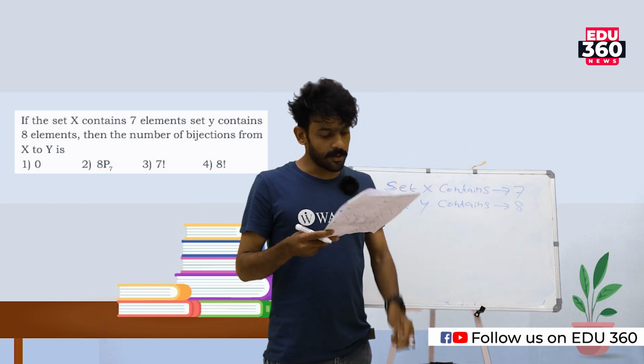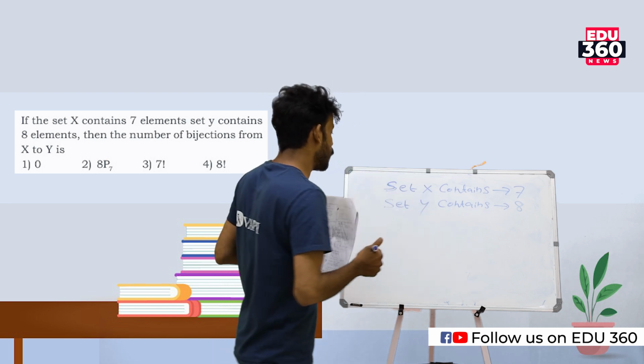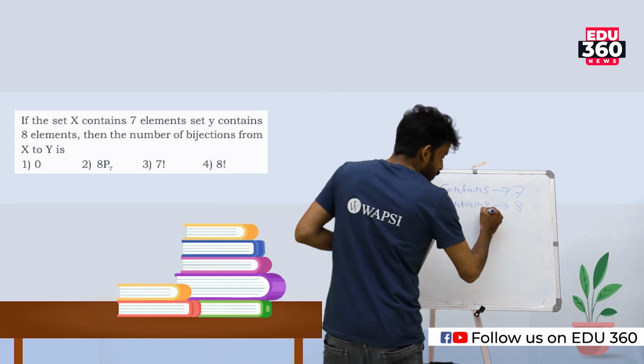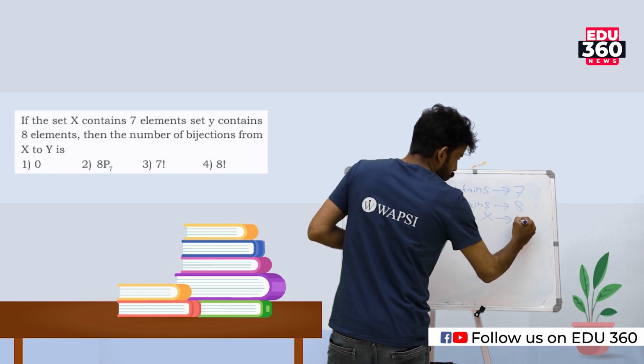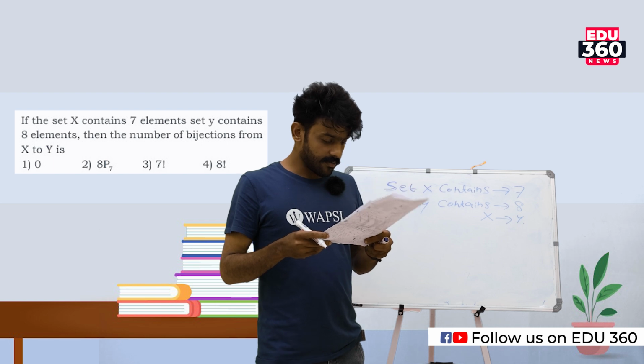So the question is the number of bijections from set X to Y.